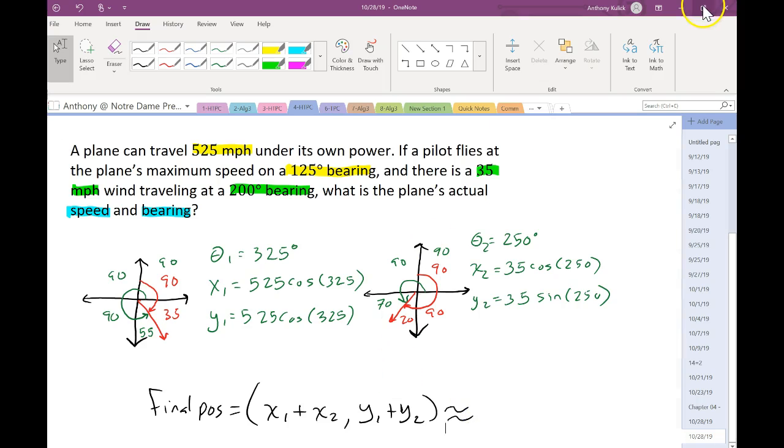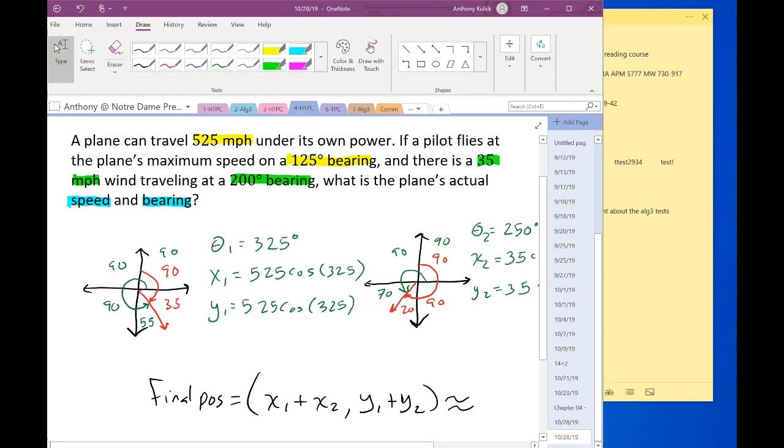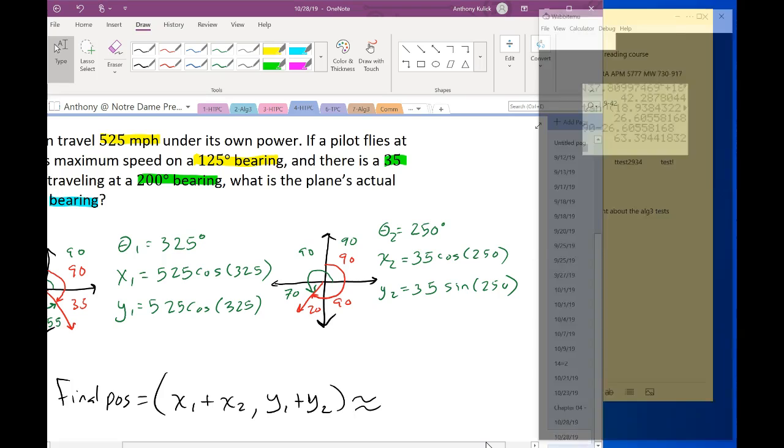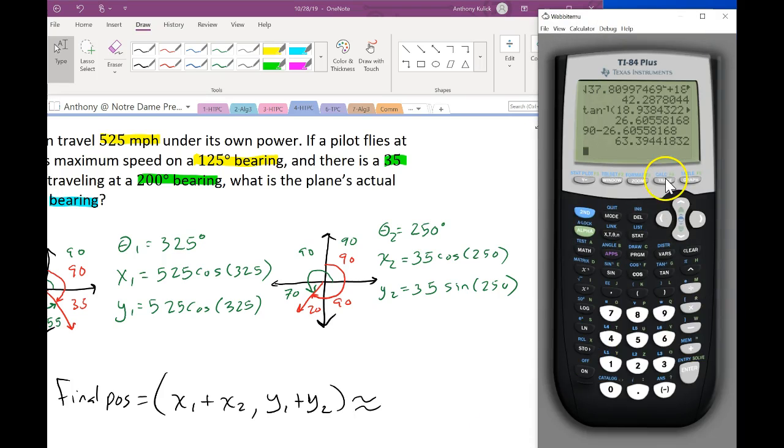And for that, I'm going to use the calculator. The first thing I'll do is check to make sure that I'm in the correct mode. What mode should I be in for this problem? Degree mode, because my angles are represented in degrees.